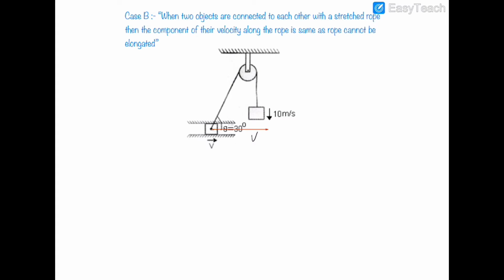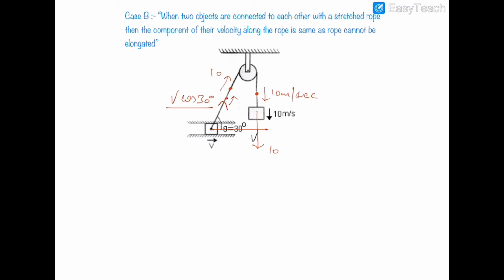The component of velocity of this block along the rope will be v cos 30, and the component of the velocity of this block along the rope will be 10 only. So this point is moving with 10 meters per second downwards, and as the rope is not elastic, this point will also be moving upwards with 10, and obviously this point is also moving upward with v cos 30.